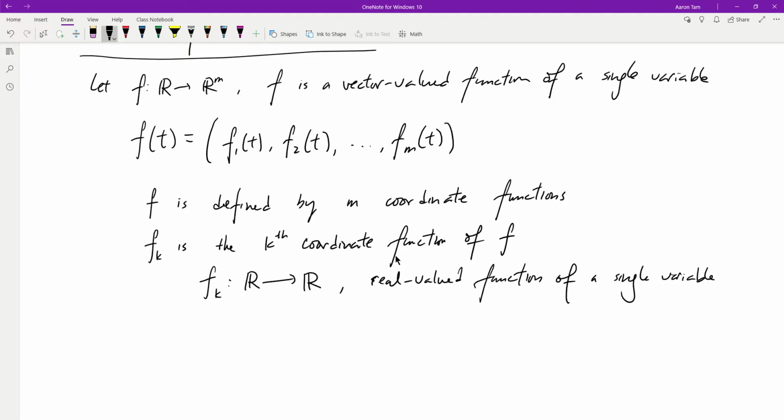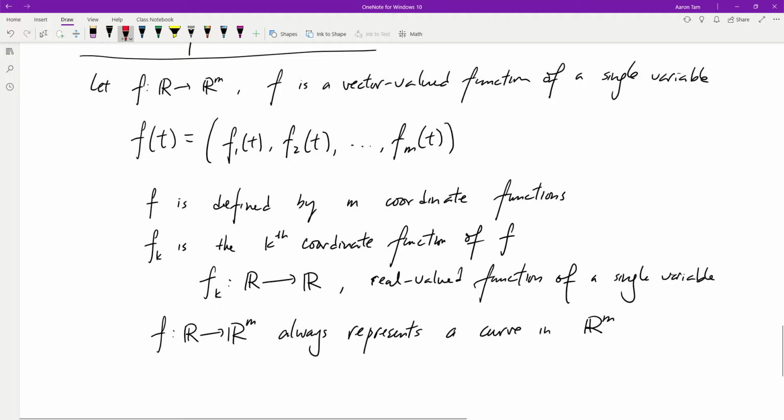Very important to understand this: f that maps from R to R^m always represents a curve in R^m.